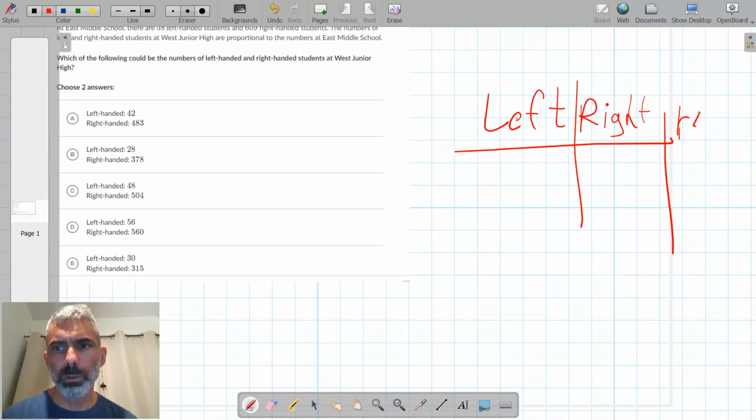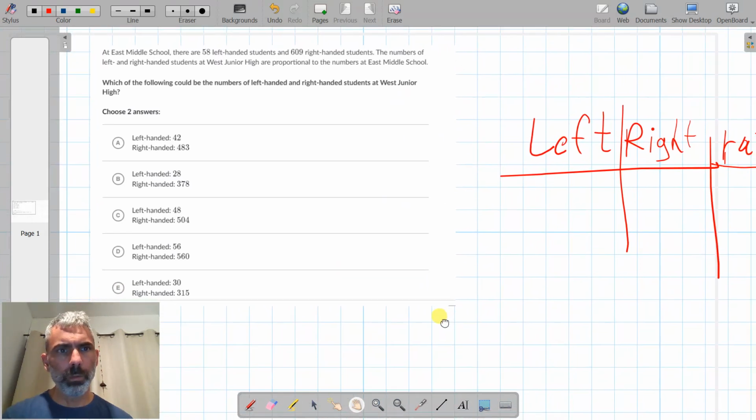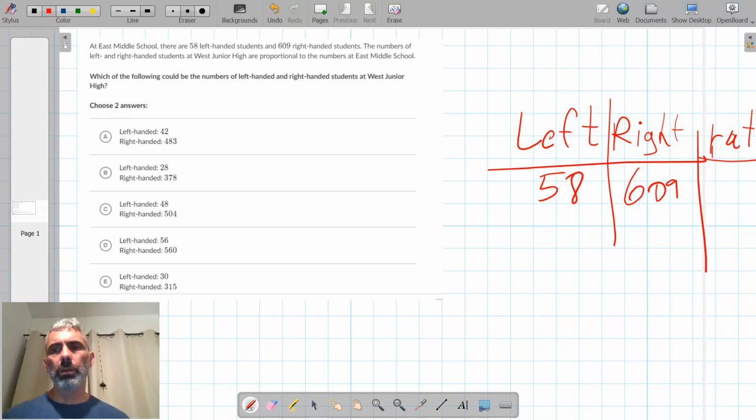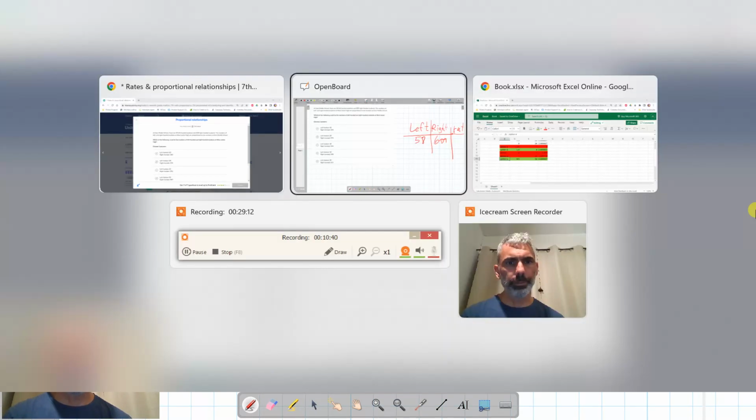And the ratio is 58 left-handed and 609 right-handed.